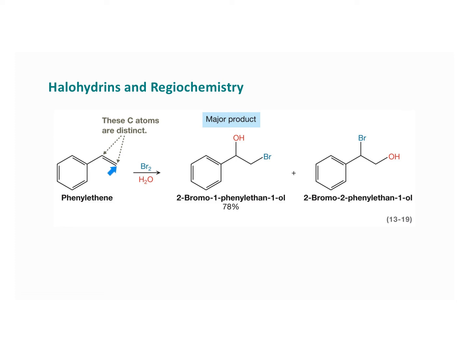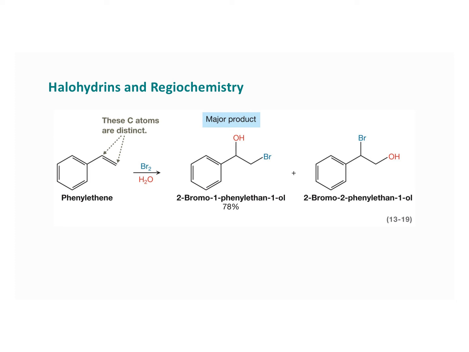So this is a CH2, this is a CH. What we find is that this ends up being our major product here, with this being our minor product. And so the question, of course, is why is that the major product?